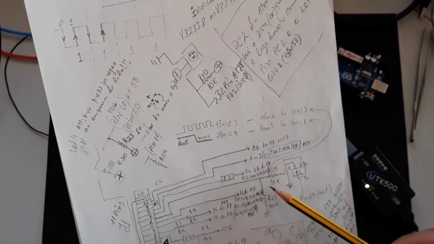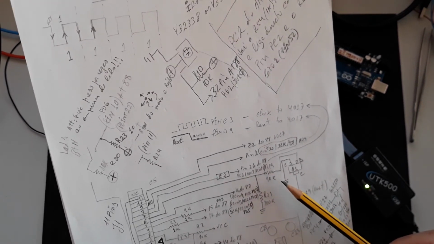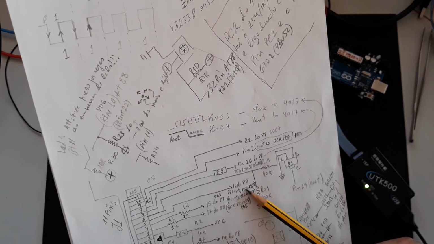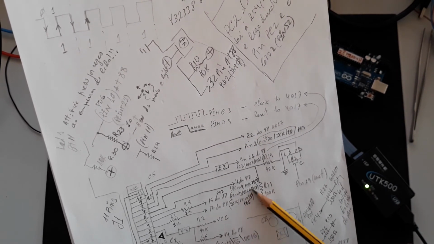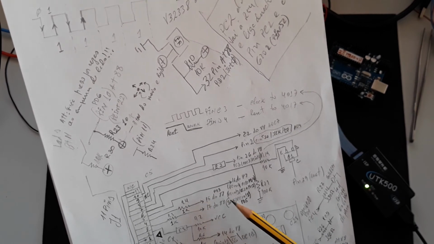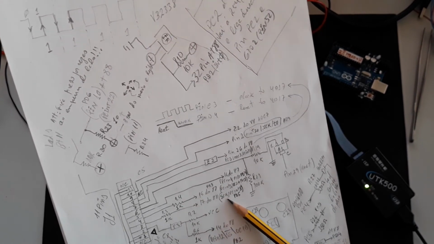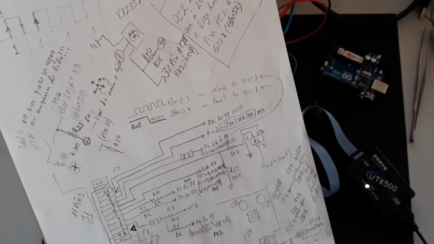To program the processor, or the microcontroller, you will use the MISO, which is pin PB4, the MOSI, pin PB3, the SCK, PB5, and lastly the reset.